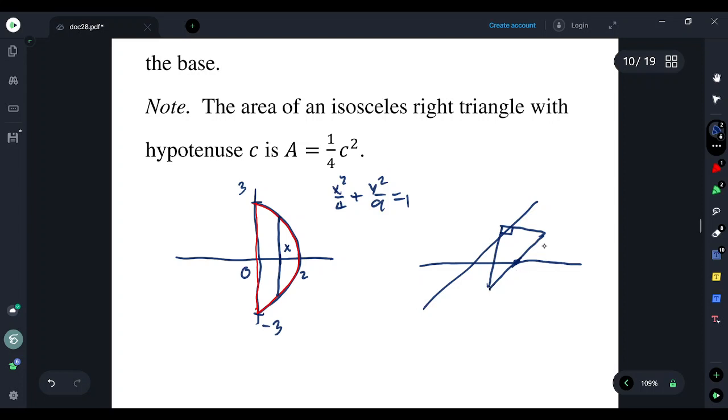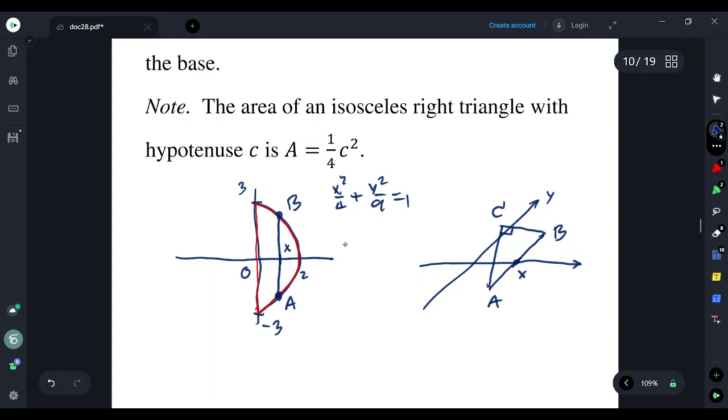So let me call the vertices A, B, and C. On the left, we're going to see A here and B there, and AB is the hypotenuse. This is at x, and this is at the y coordinate.